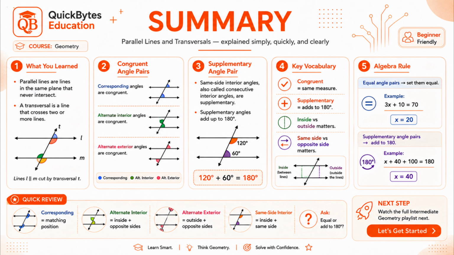Alternate exterior angles are congruent. Same-side interior angles, also called consecutive interior angles, are supplementary. Congruent angles have the same measure. Supplementary angles add up to 180 degrees. And when solving algebra problems, equal angle pairs get set equal, while supplementary angle pairs get added to 180.